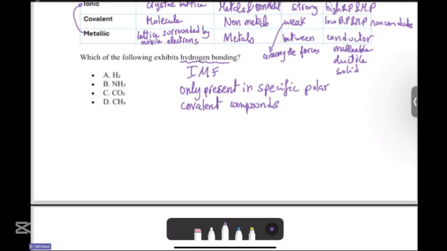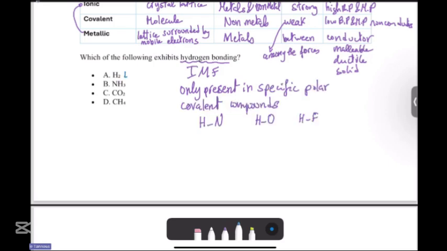The very strong covalent polar compounds are the ones having a bond between H and N, H and O, H and F, as I mentioned in class. Any polar covalent compound that you see with H and N, or O, or F in its formula can do hydrogen bonding.